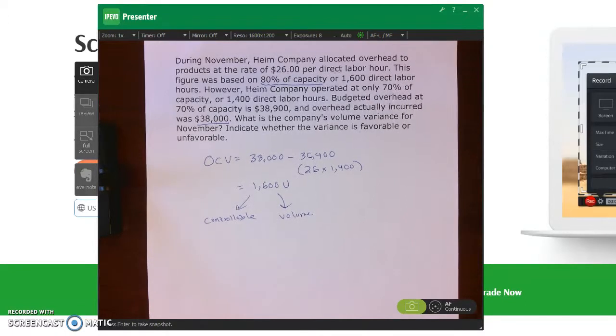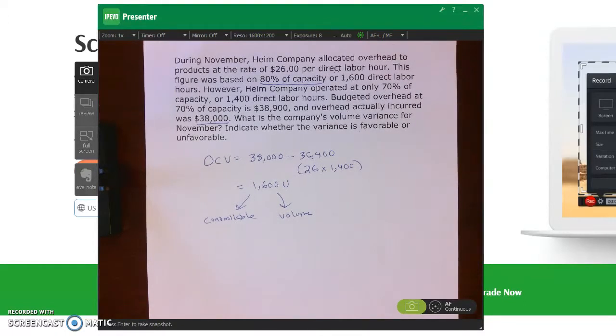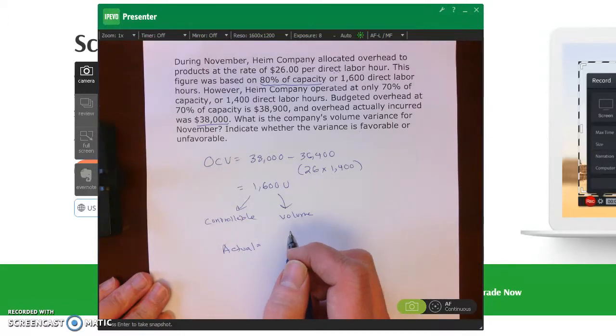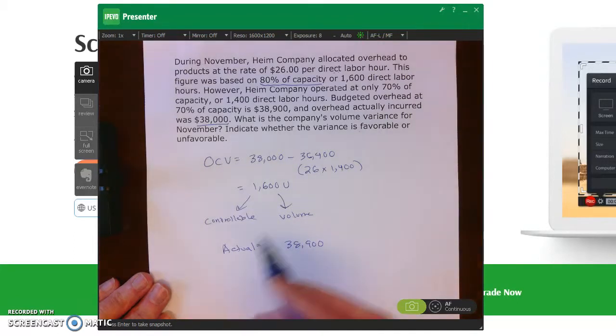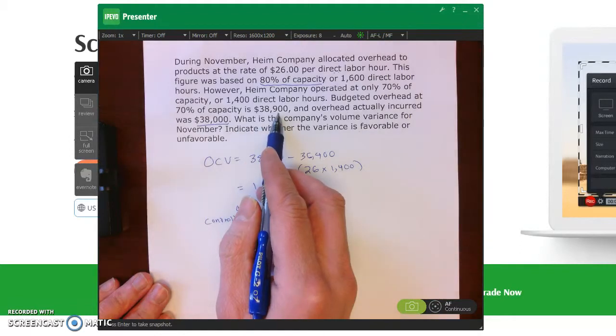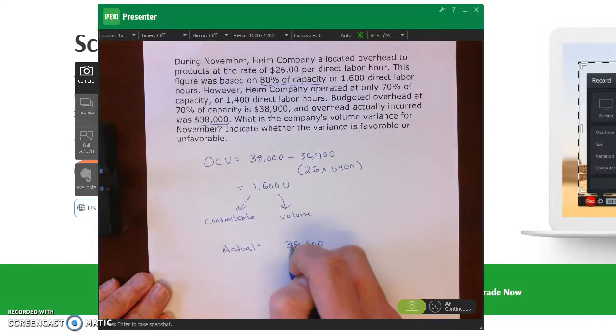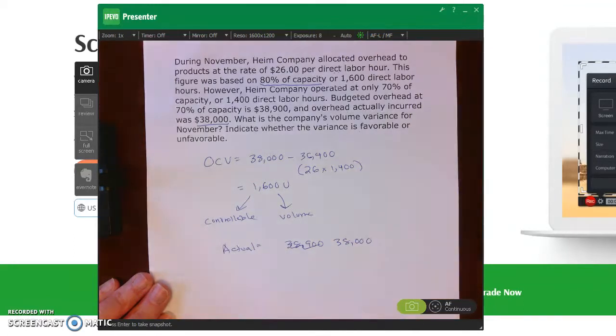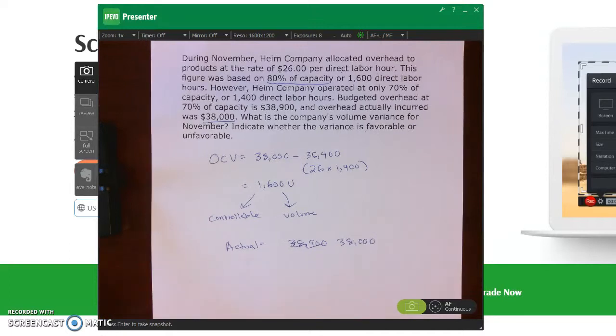So we can come over here and say their controllable variance, we're going to say the actual equals 38,000. And then we don't even have to calculate out the overhead at the flexible budget level of actual performance, because it's given to us.